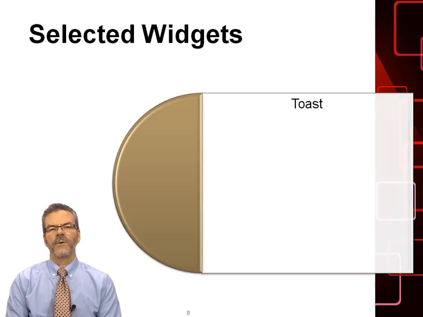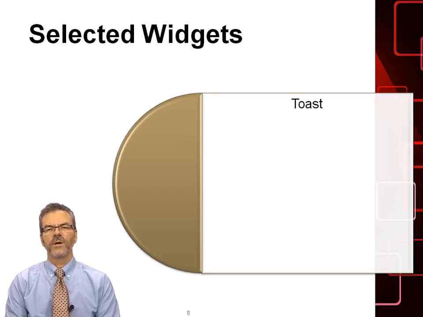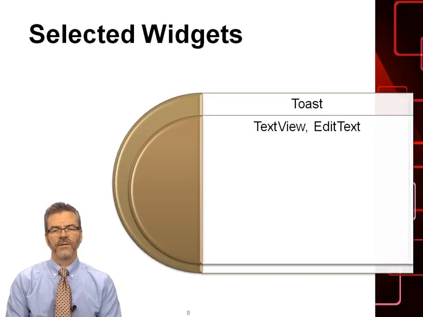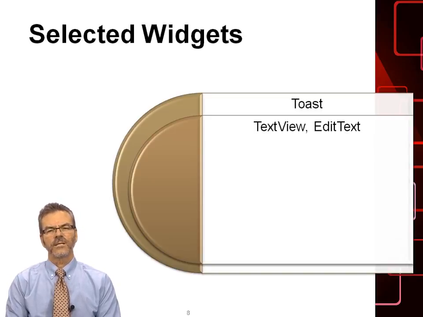Now let's talk about a few selected widgets. The toast is one of the most frequently used widgets because the toast can pop up a short message very briefly. It will appear on the screen and then it will disappear. So that one's used quite often. Another one that's used quite often would be the text view.